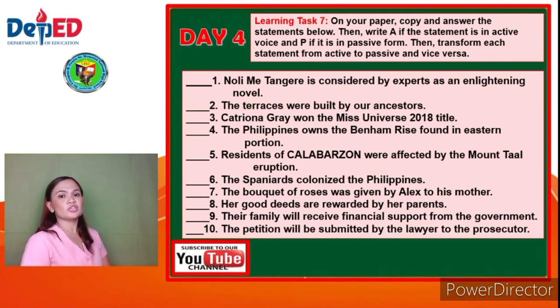Remember, you are not just going to write A if it is active or P if it is passive. If it is A, in an active form, you're going to transform it to passive. And if it is P, you're going to transform it into active. So let's have number 1. Noli Me Tangere is considered by experts as an enlightening novel.